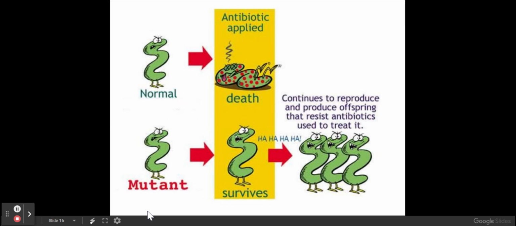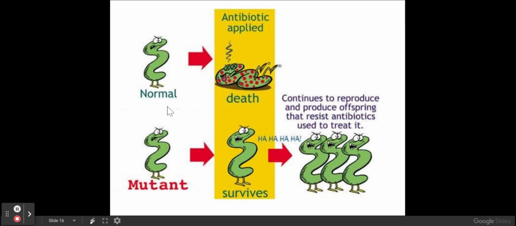We see the same scenario play out with bacteria. Now, antibiotics work really well at killing bacteria. Different antibiotics act on different types of bacteria, but generally they're going to try to kill something in a bacterial cell that's not present in, say, a eukaryotic cell, like me or you. Well, most bacteria are susceptible or can be killed by an antibiotic.